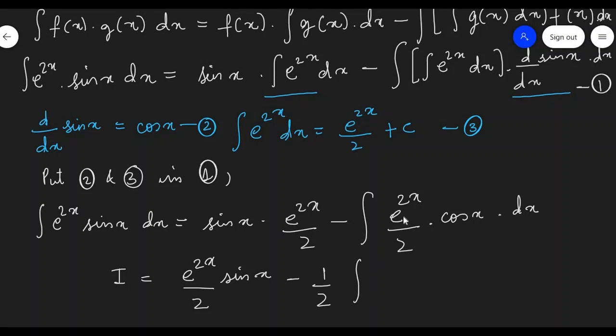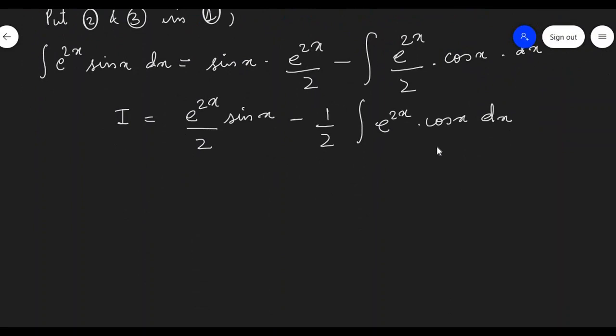So I'm going to be left with integration of e raised to 2x cos x dx. Now this term for integration looks very similar to my original problem. So let's use integration by parts one more time here to calculate this value. Let's call this I1 and let's call this equation as equation number 4.